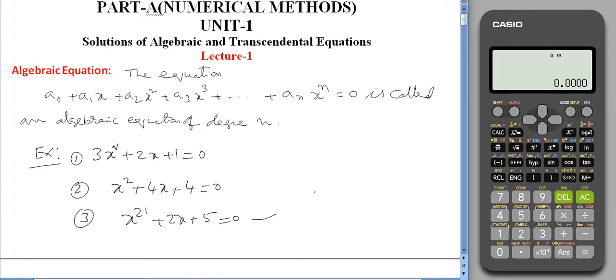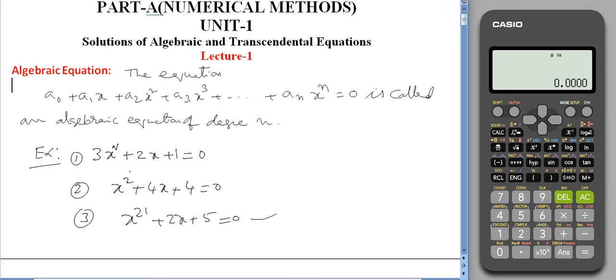So that is why we want some new techniques. Such techniques are called computational techniques or numerical methods. In this unit we will discuss some numerical methods for solving such algebraic equations.